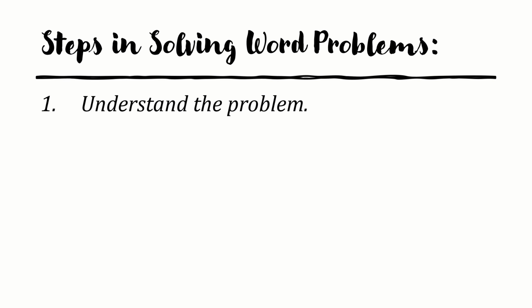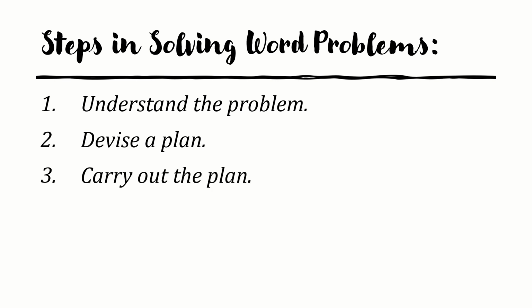Step 1. Understand the problem. It means we need to read and analyze the situation. Step 2. Devise a plan. List down all the given data. Determine the unknown and what is asked in the problem. Step 3. Carry out the plan. Write the function that describes the relationship between the variables and solve the function.